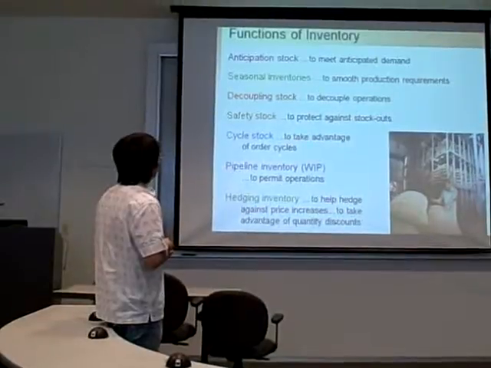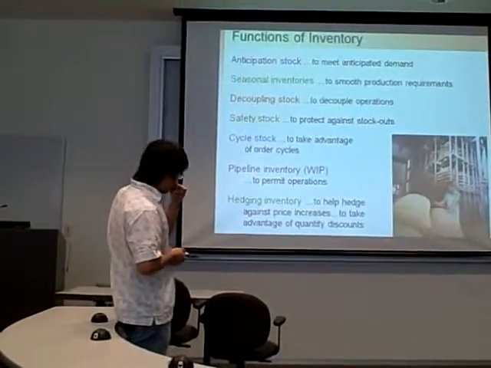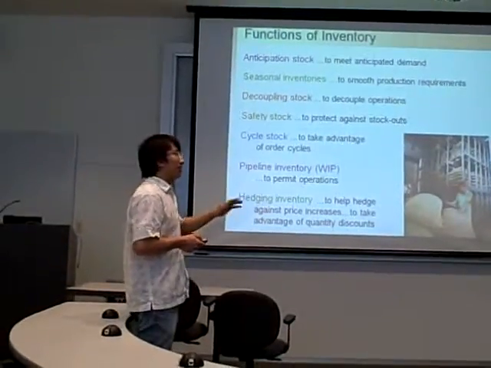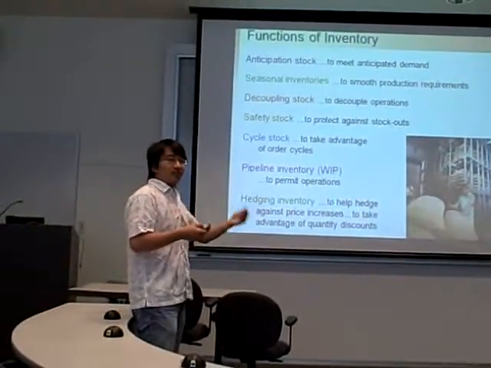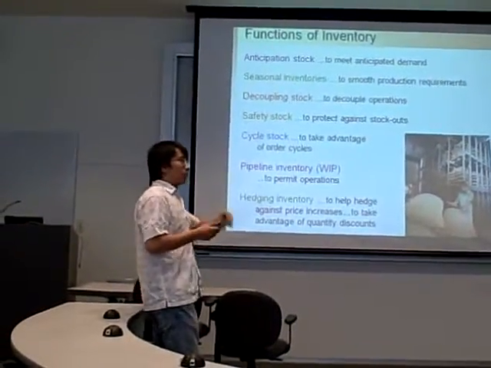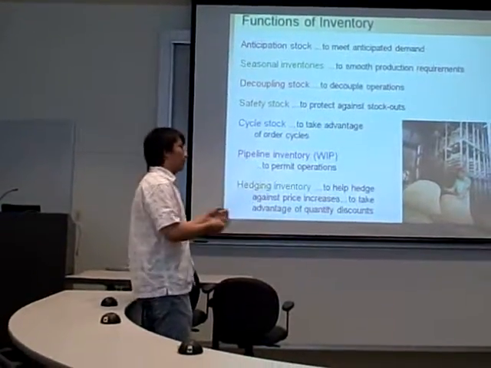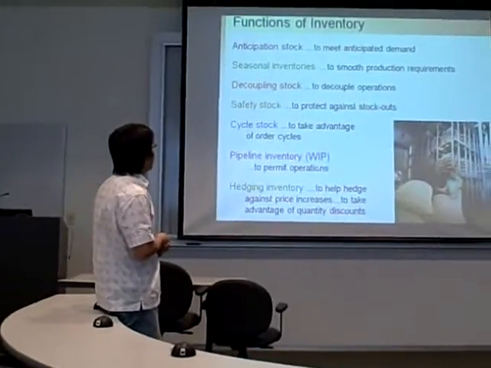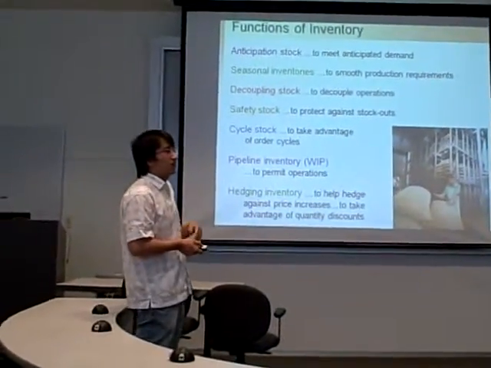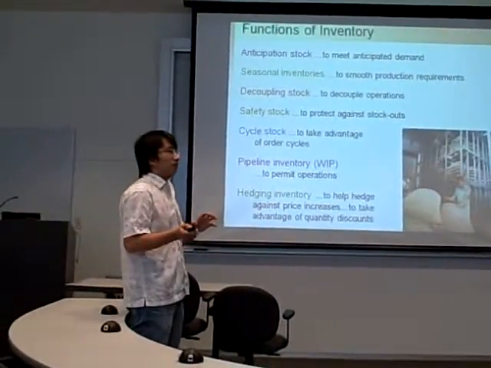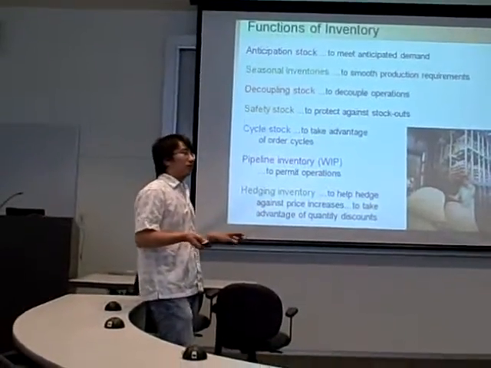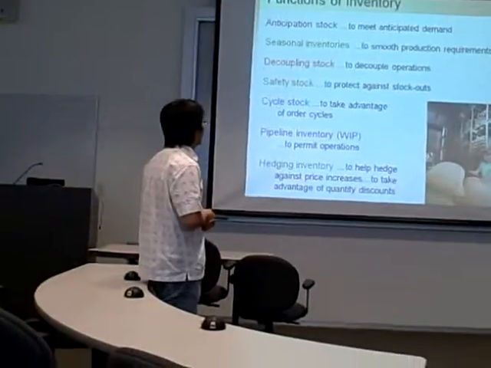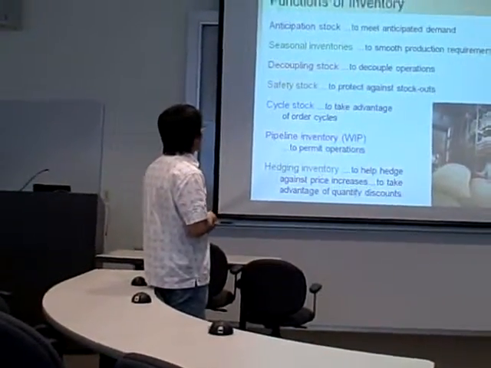And cycle stock: there are order cycles. You order something, it's prepared, and the order is shipped. That's order cycle stock. And the fifth type is inventory specific to flowing goods, like oil or water. That type is pipeline inventory.